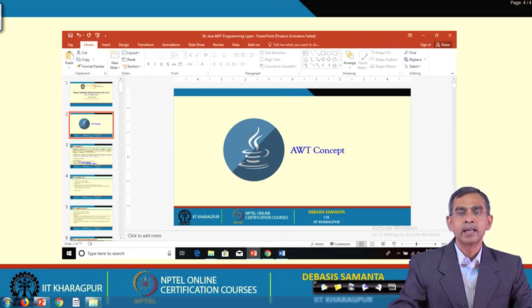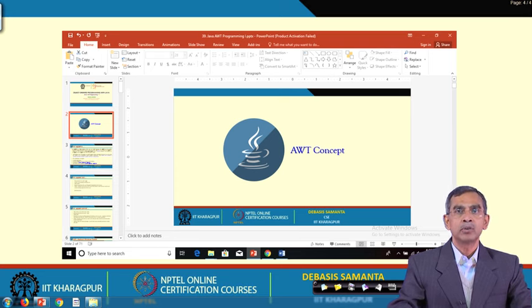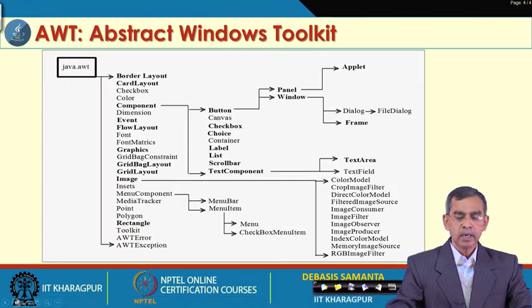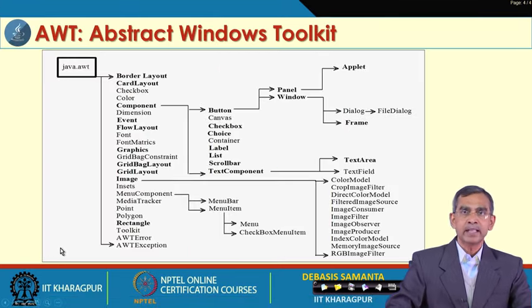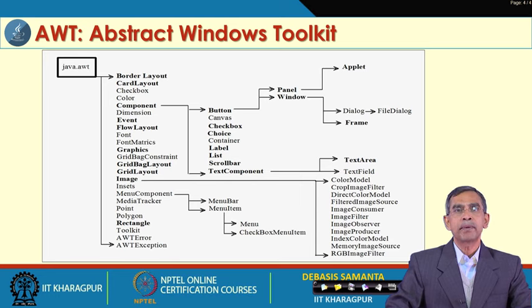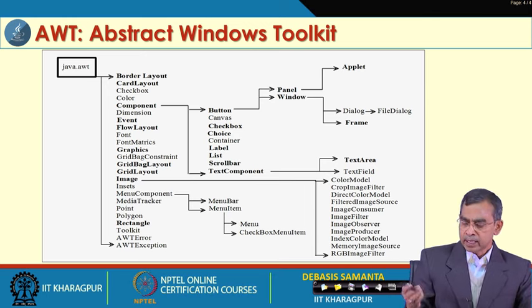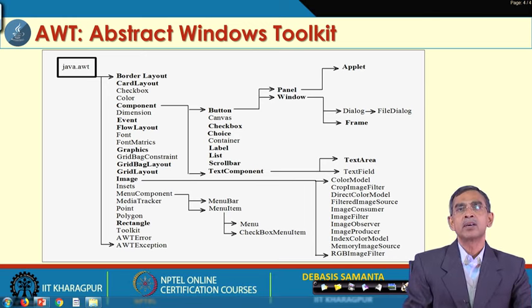Obviously, we can do it using the AWT package. Now, the AWT package in fact is a very vast package. It includes a lot of classes and subclasses. The entire package can be broadly segmented into a few categories. The first thing is that there are graphics oriented components.